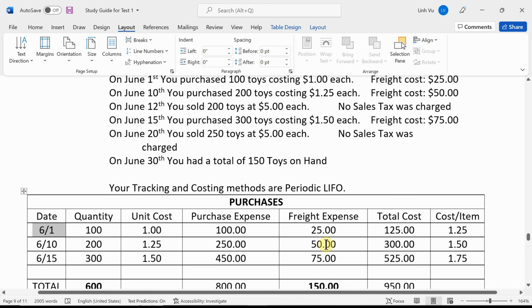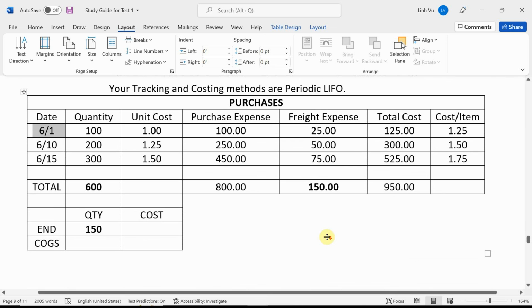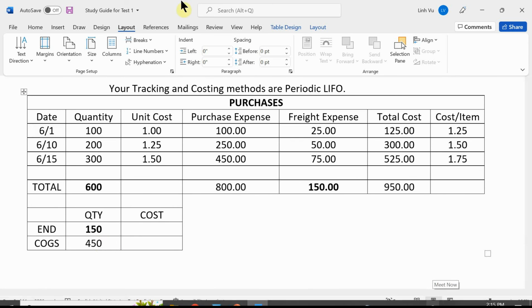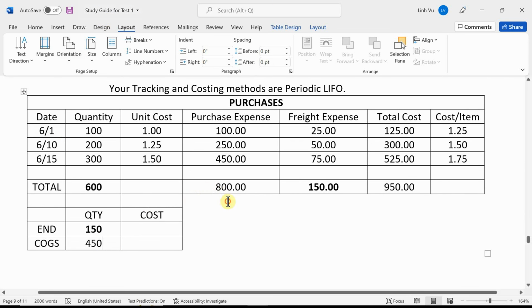This time your tracking and your costing method is periodic, but this time it is LIFO. Okay? LIFO. So if I know that I am going to sell a total of 450 units, which batch of inventory am I going to sell from first?